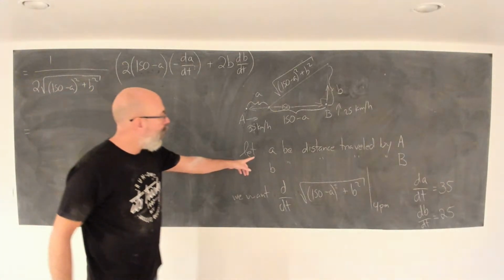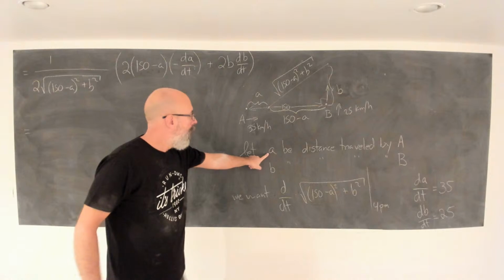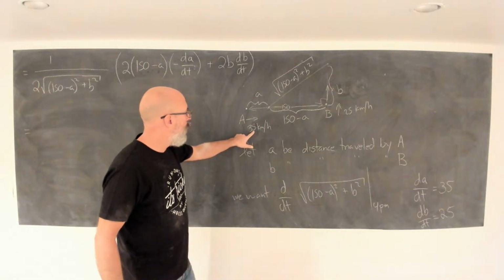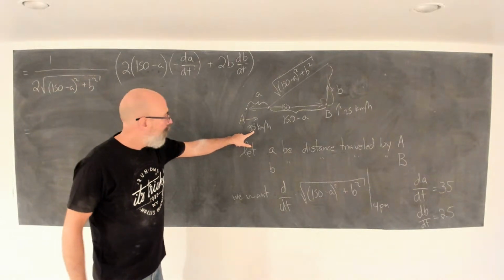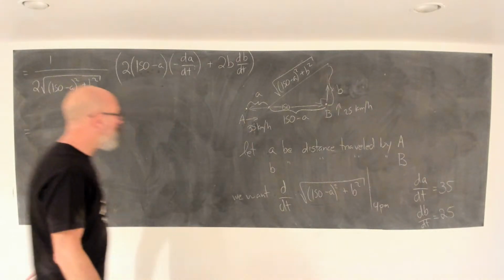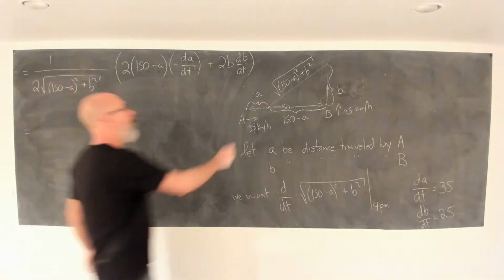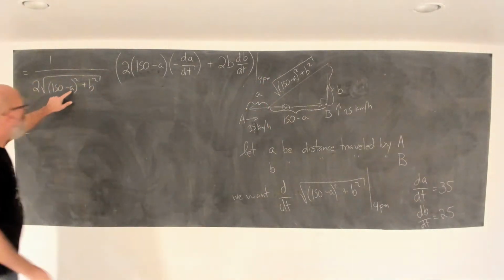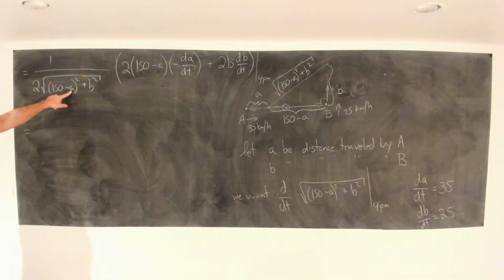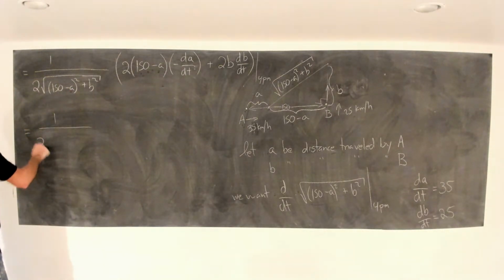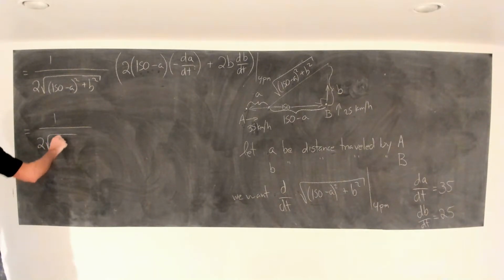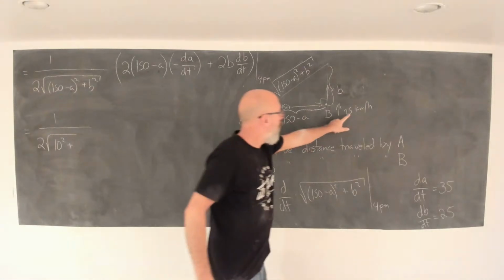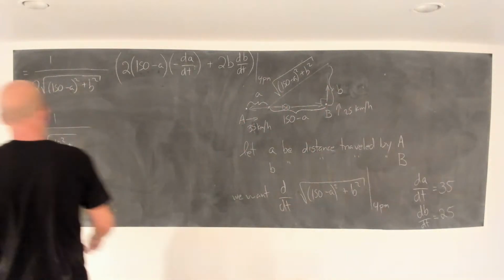And after 4 hours, if a is the distance traveled by ship A, you will have traveled 140 kilometers. So if we plug in 4 p.m., a will be 140. So that's 1 over 2. And b, after 4 hours, you will have traveled 100 kilometers.